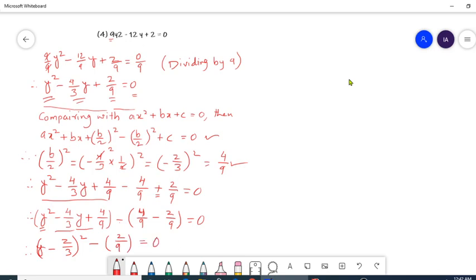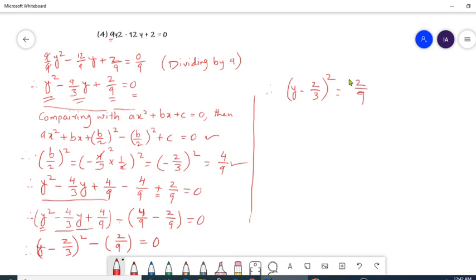So this is negative 2 by 9. So this can be written as (y minus 2 by 3) whole square is equal to positive 2 by 9.